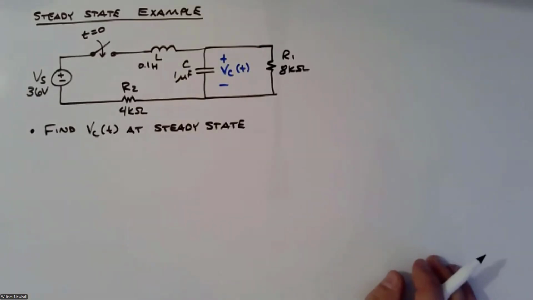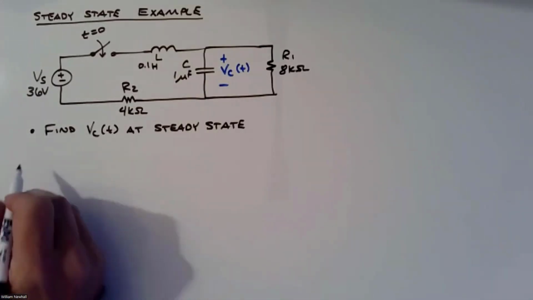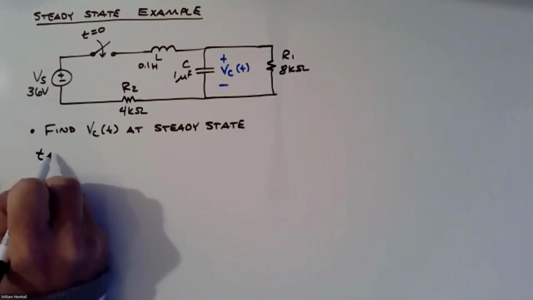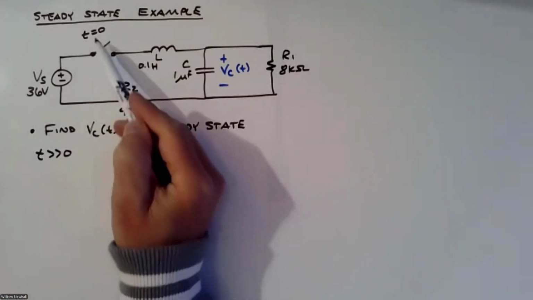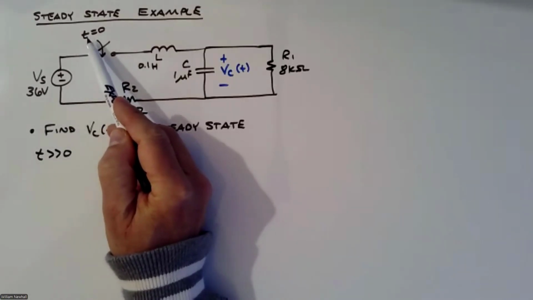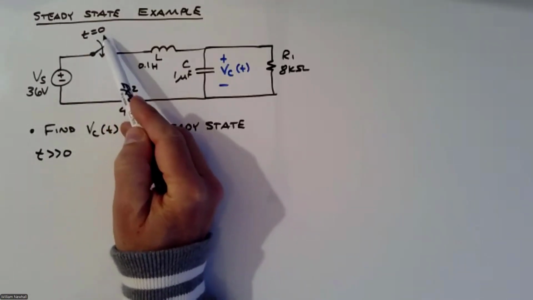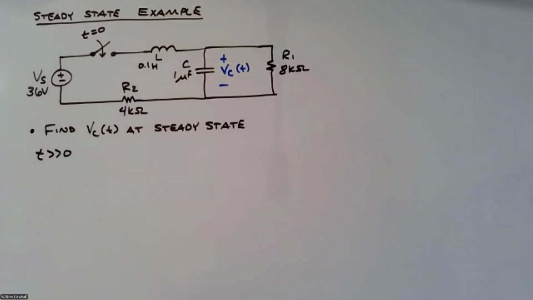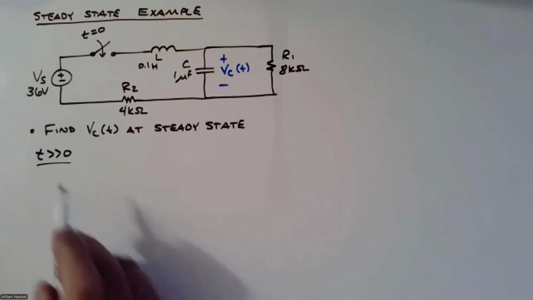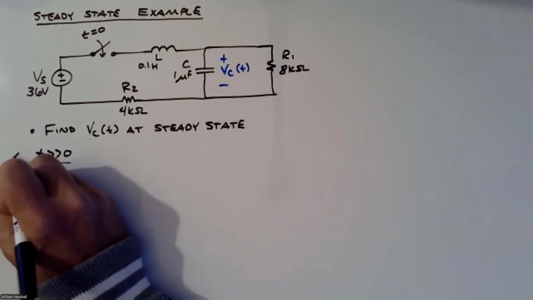The way we indicate steady state, we often say for t much greater than 0, or t much greater than whenever the switch closed. So if the switch closes at 2 seconds, you would say for t much greater than 2 seconds. Whenever you see this, this is an indicator of steady state.